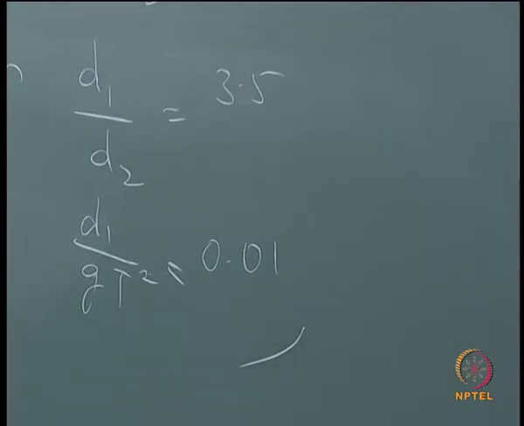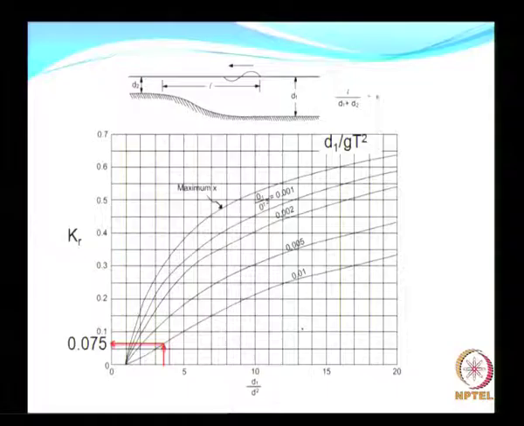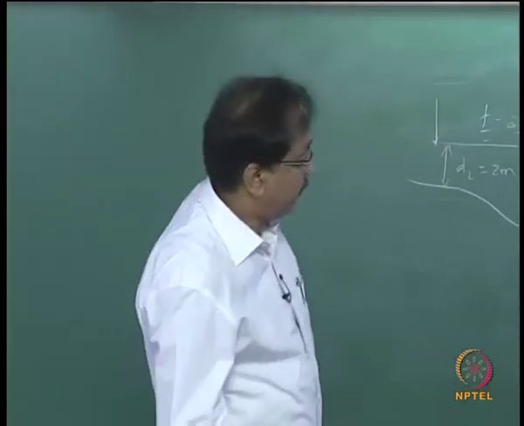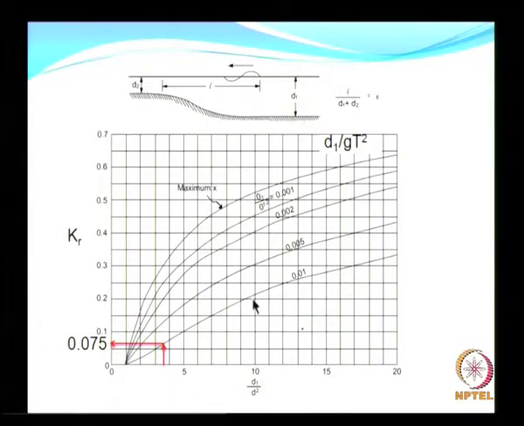With these values you get into the figure, d1 by d2 equal to 3.5, and you see the lines of constant d1 by gT square. Pick up the value for your 0.01, which is the bottommost curve, and then this is what you will get as the reflection coefficient.